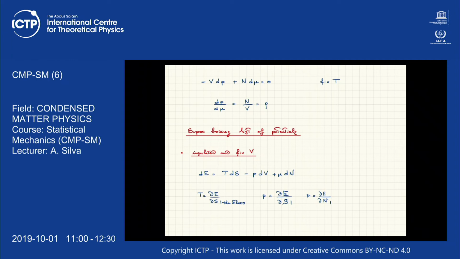In this case the entropy, the volume, and the number of particles. This should be a minus dE by dV. You're absolutely right, I got totally lost.